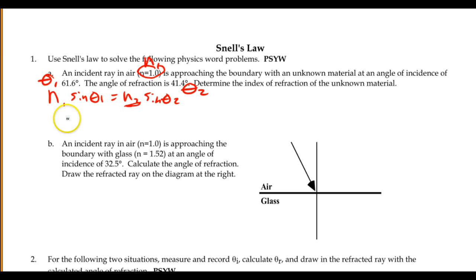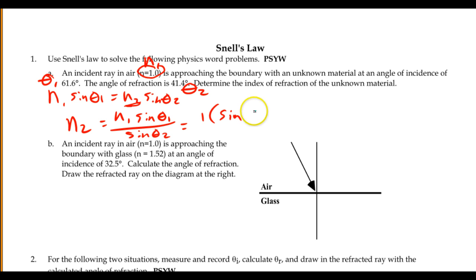So if I solve this equation for N2, it's going to be equal to N1 sine theta 1 over sine theta 2. So it's going to be 1, which is the index of refraction of the air, times the sine of the angle of incidence, which is 61.6 degrees, over the sine of the second angle, which is 41.4 degrees.